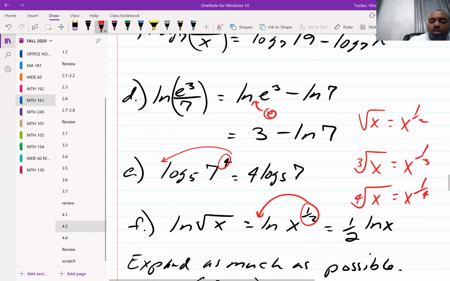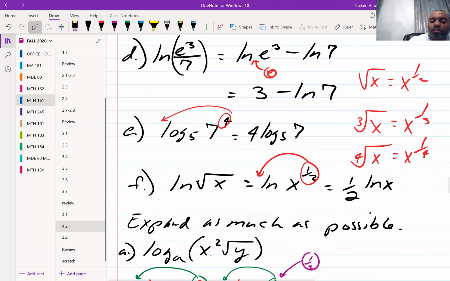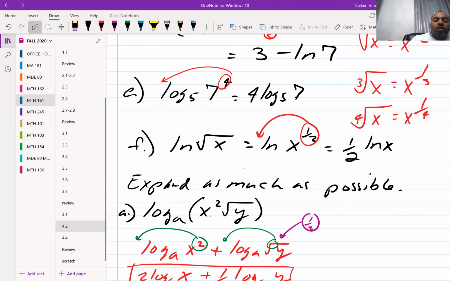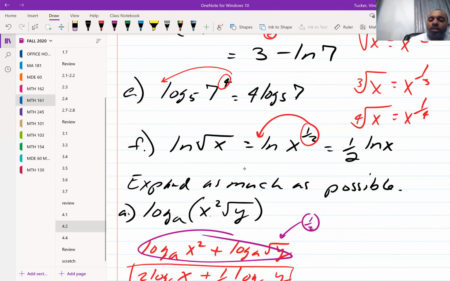All right. So let me erase some of this stuff. So we want to expand this expression as much as possible. We have log base a of x squared times square root of y. Because it's multiplication, that means we can break it up this way and use addition.